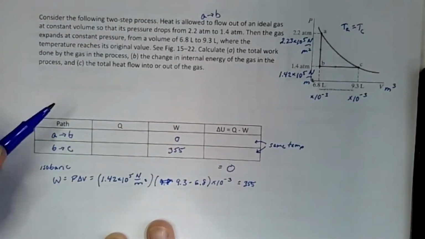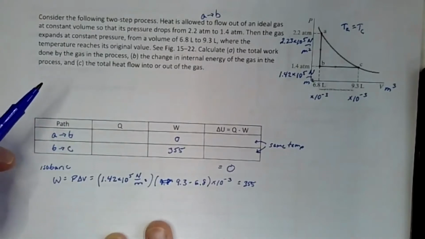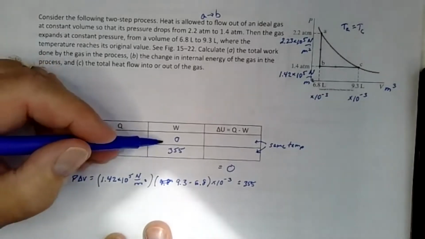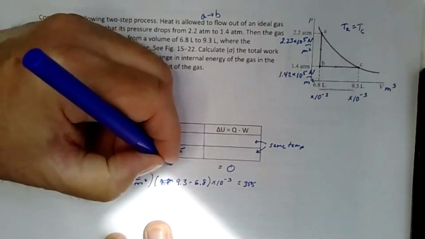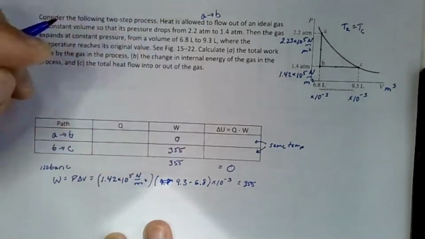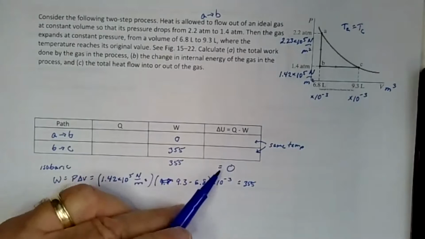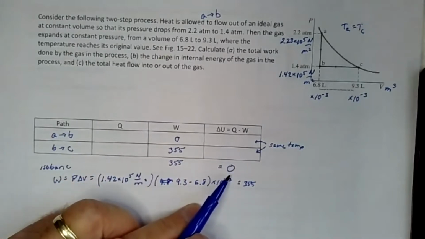Now, if you like Sudoku, which is that game where you try and get numbers to line up, this is very much like Sudoku. So if I add up the total work done, I get 355. But this has to total up to equal 0.